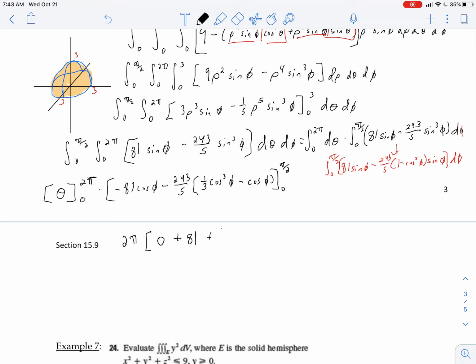And then another one, plug in 0, so 1/3 minus 1 is negative 2/3. But we have that minus there, so 243 over 5 times negative 2/3, and that's going to give us 486 over 5 pi. So yeah, that was not fun.